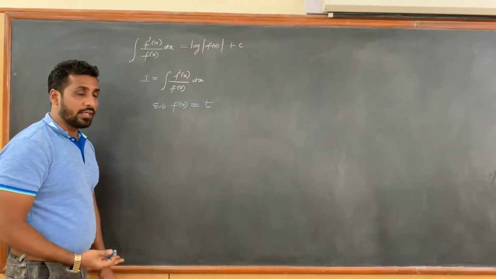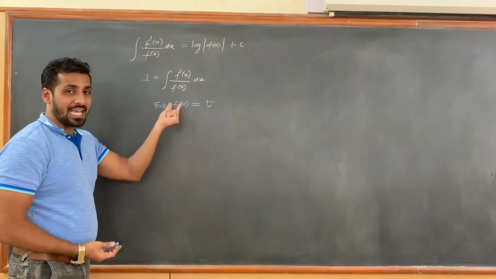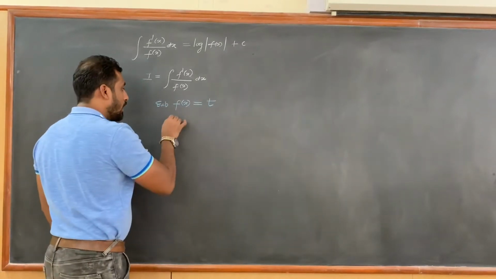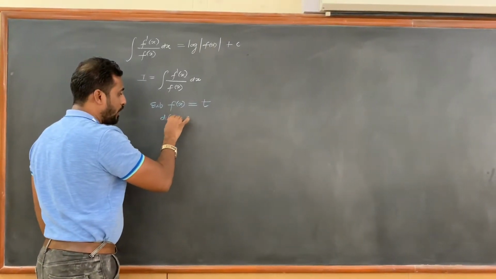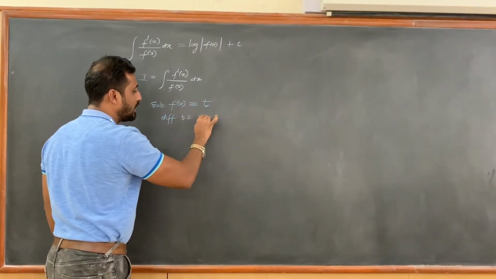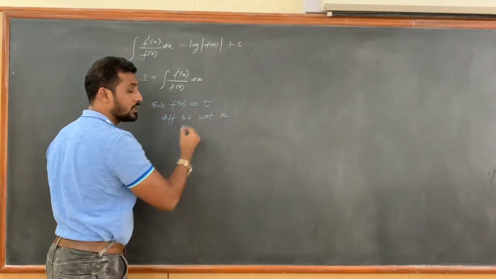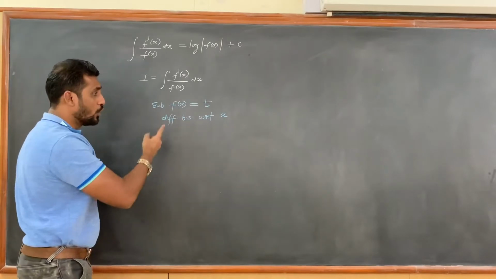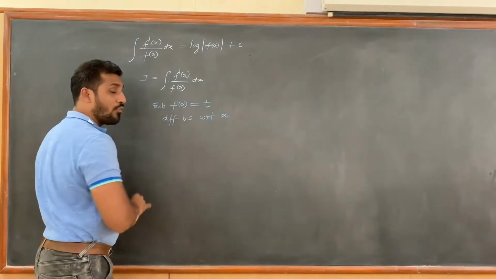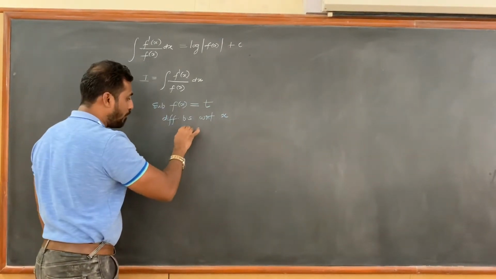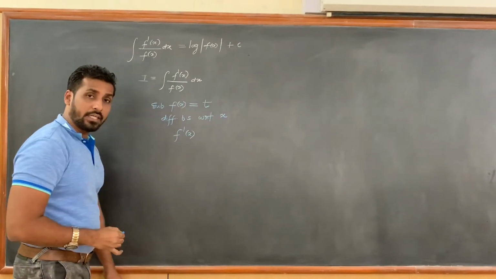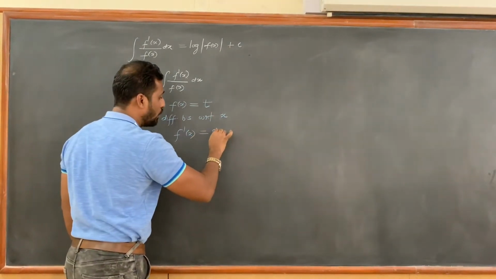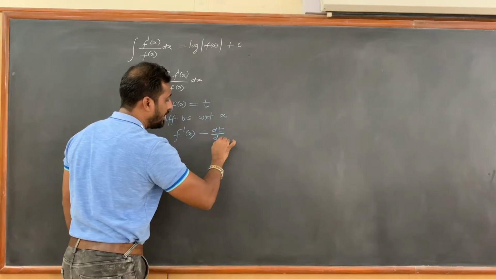Students, I am substituting the denominator f of x as t. So now let us say differentiate both sides with respect to x. So what do I get? The derivative of f of x is going to be f1 of x. Isn't it? It is equal to dt upon dx.